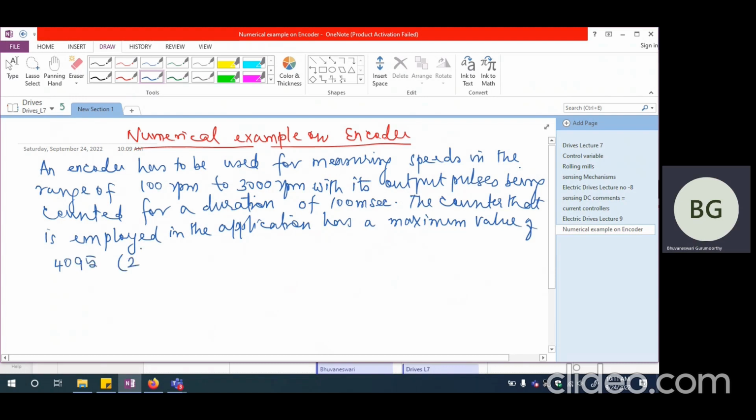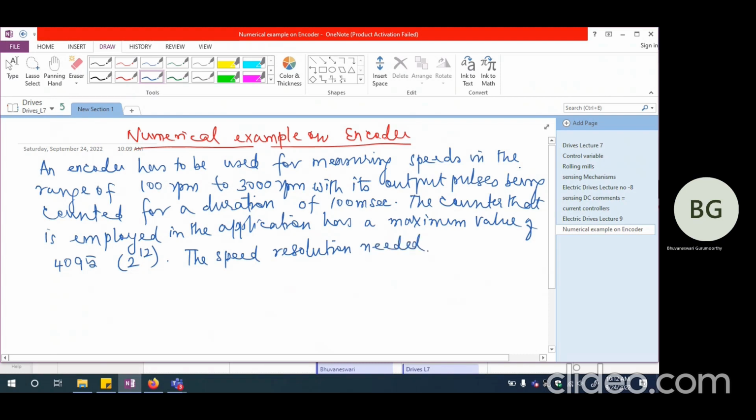This is actually 2 power 12, so what is being employed is a 12-bit counter. The speed resolution needed is 1 RPM. So we should be able to differentiate between 99 RPM and 100 RPM. That's what we mean by resolution needed is 1 RPM.